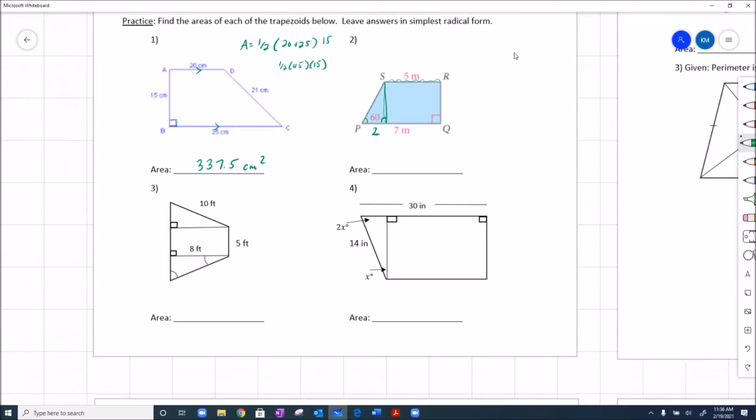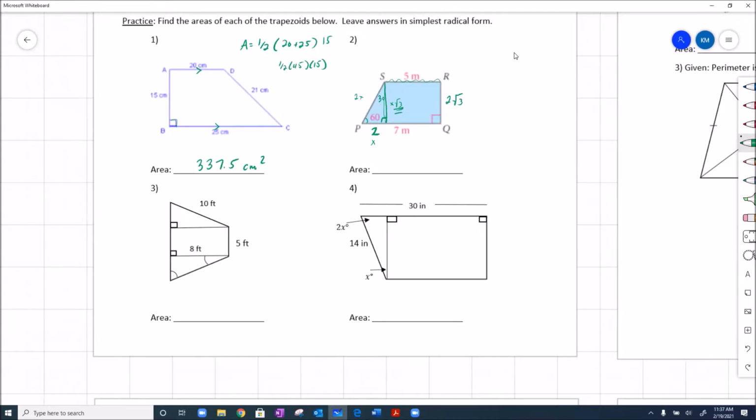Then this leg of this triangle is 2. This is a 30-60-90 triangle. We know that across from 30 is x, across from 60 is x times radical 3, and this would be 2x. We find that our height then must be 2 radical 3.